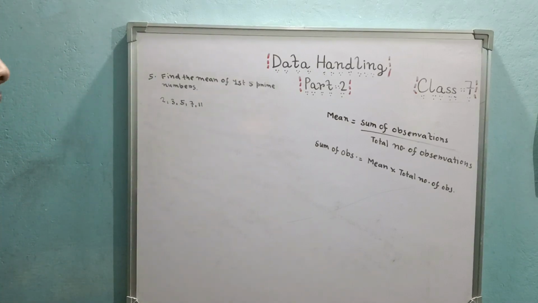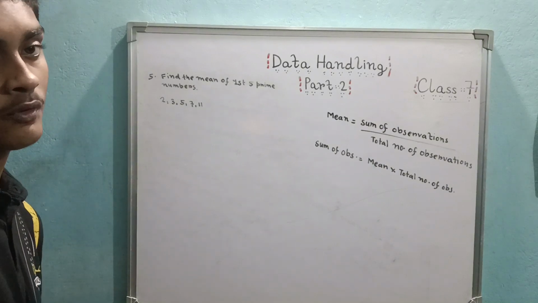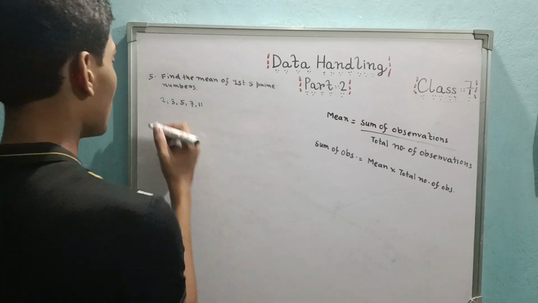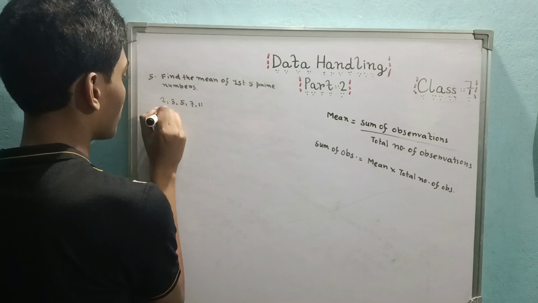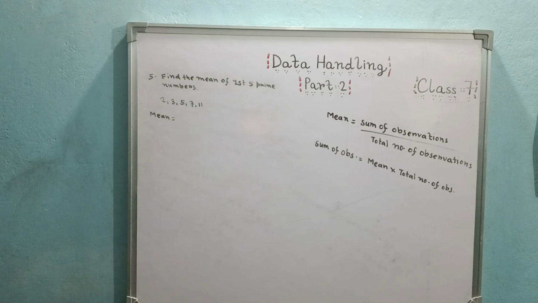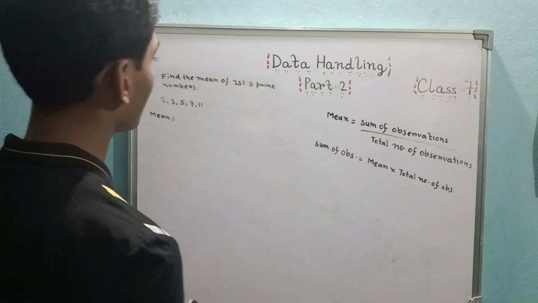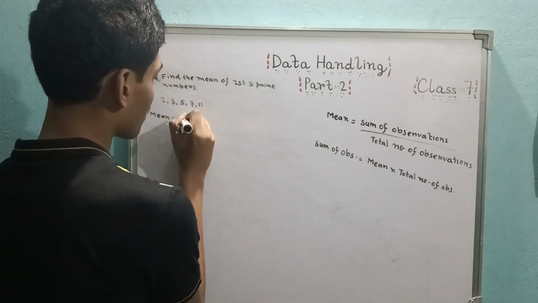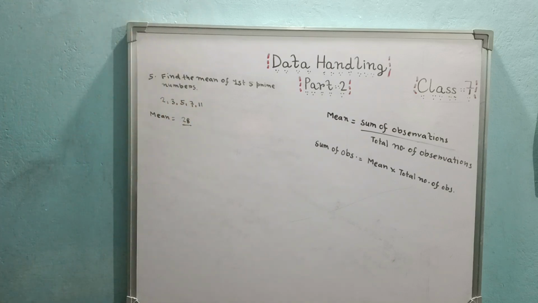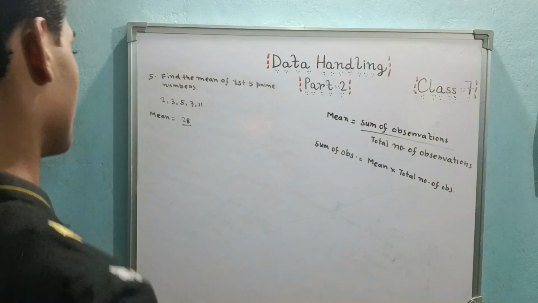What are prime numbers? Those which have only the factors 1 and the number itself. They can't be divided by any other number. If divided, it will always leave a remainder. This is quite known to you all. These are the first 5 prime numbers then. So the mean will be the sum of these observations. 2 plus 3 is 5, plus 5 is 10, plus 7 is 17, plus 11 is 28.